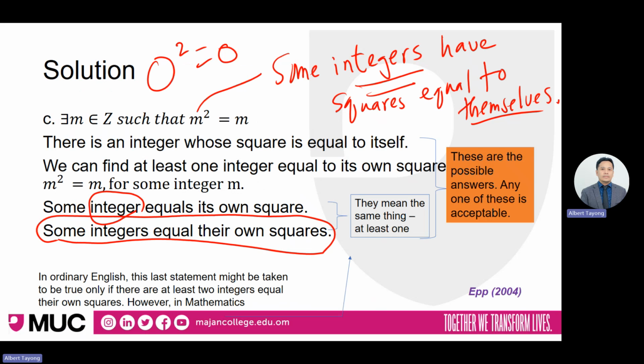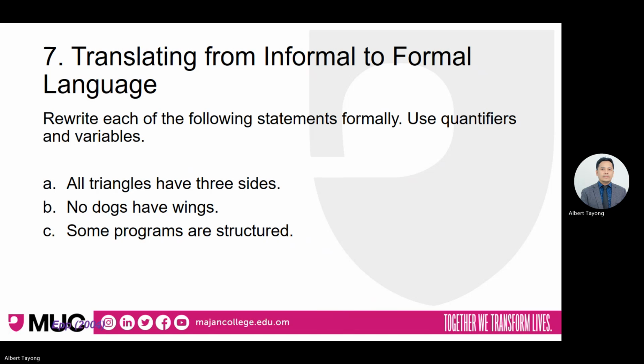Now let's have the opposite. The opposite are here. All triangles have 3 sides. So this is the quantifier. So all in T. So that means triangles here, all triangles is T. X has 3 sides.